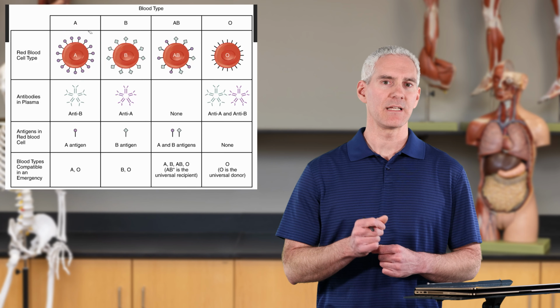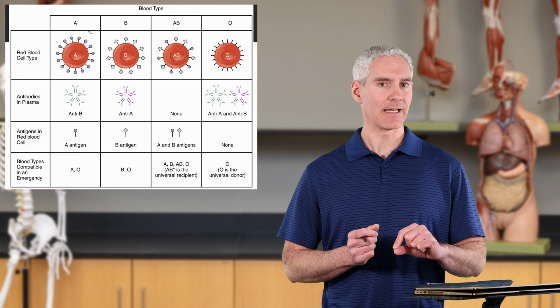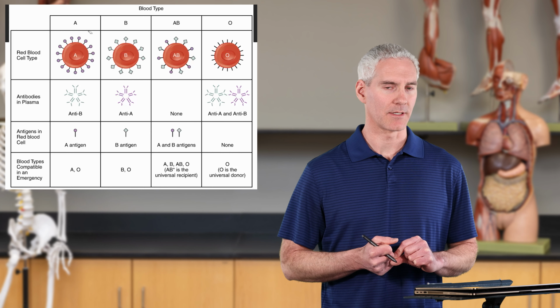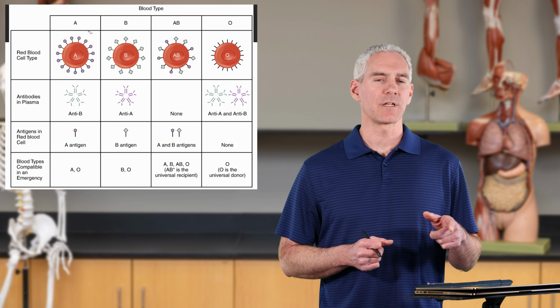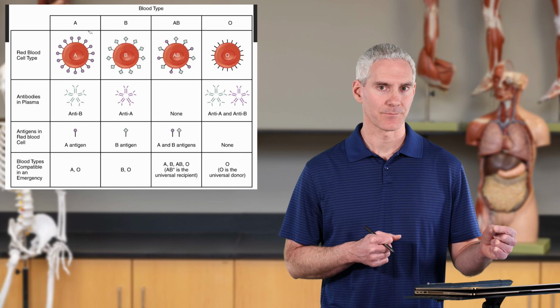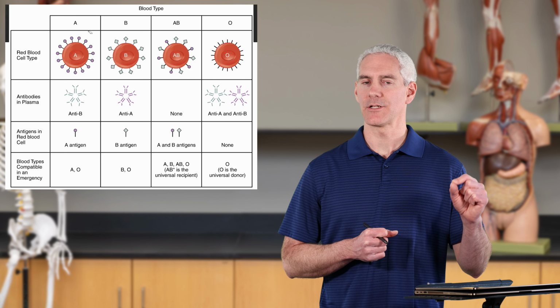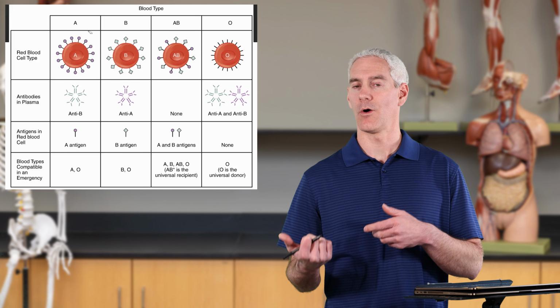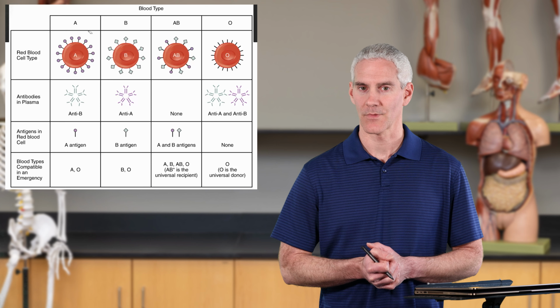But if you want to be more specific, A negative can accept A negative blood and O negative blood. But when you start getting into A positive, that means now you have the Rh factor. You can accept A negative or A positive, O negative or O positive.